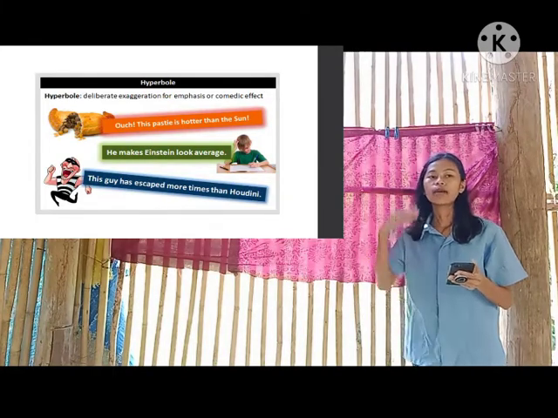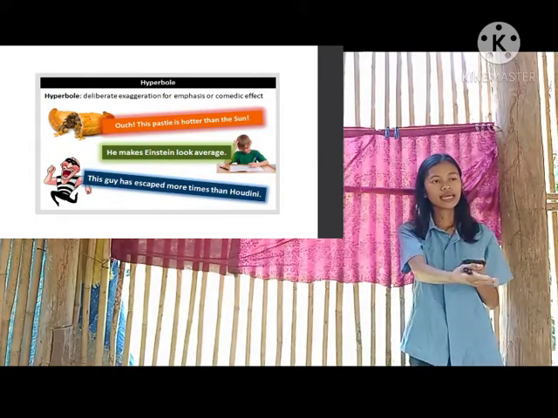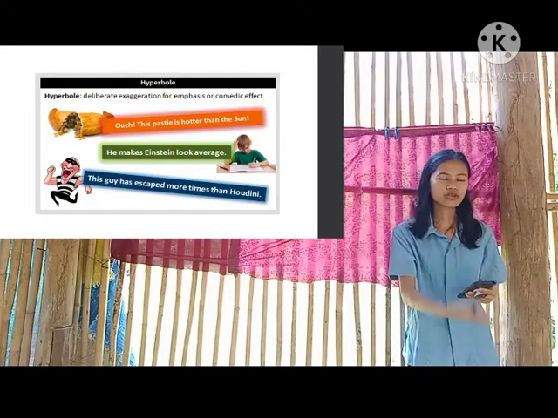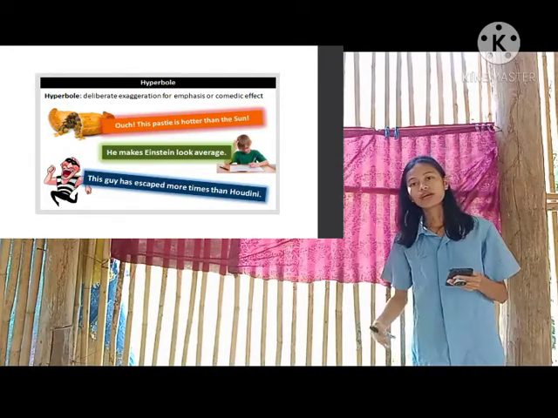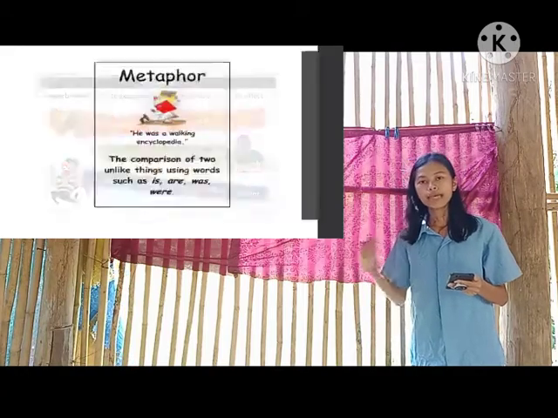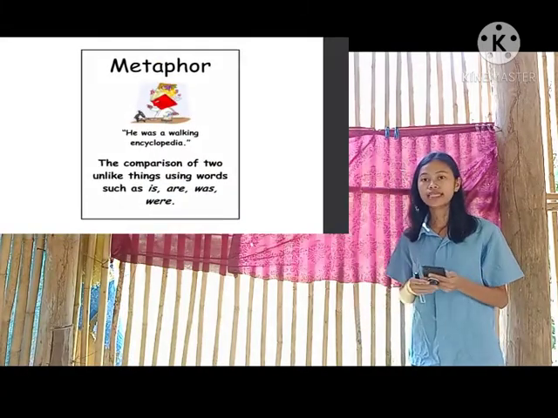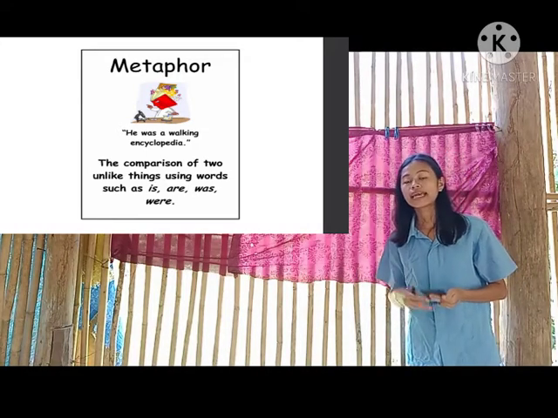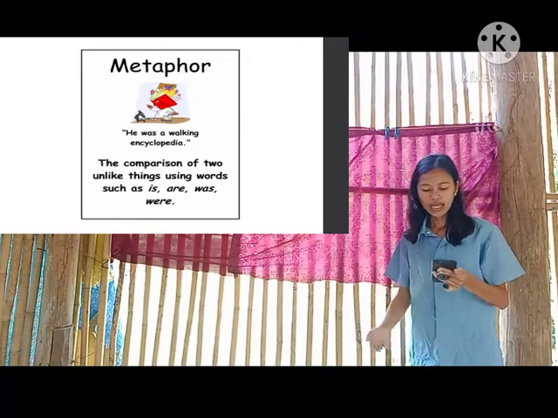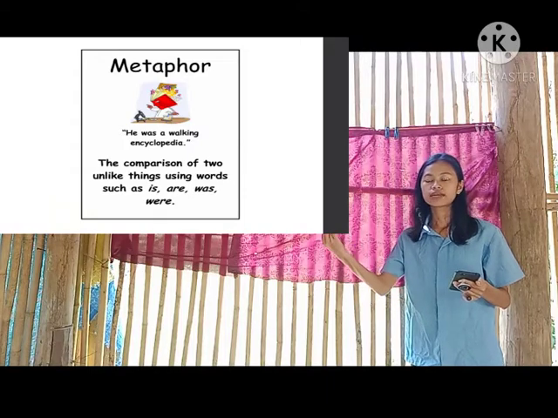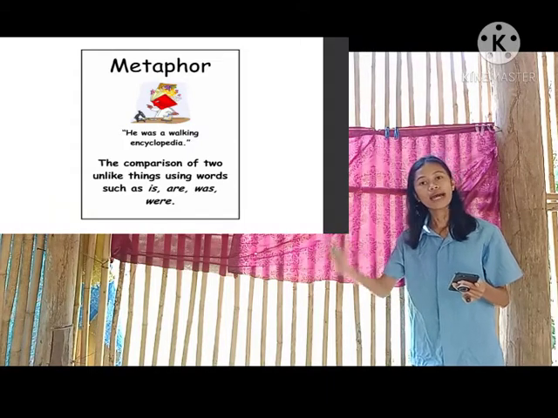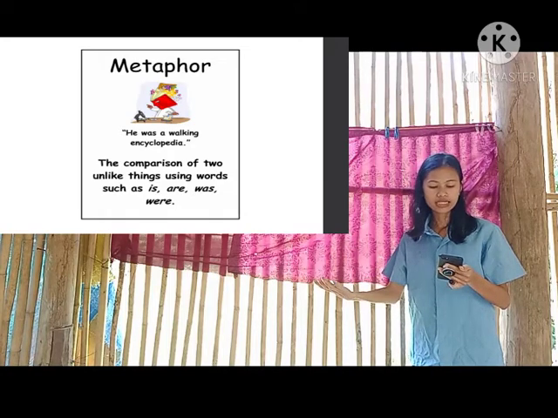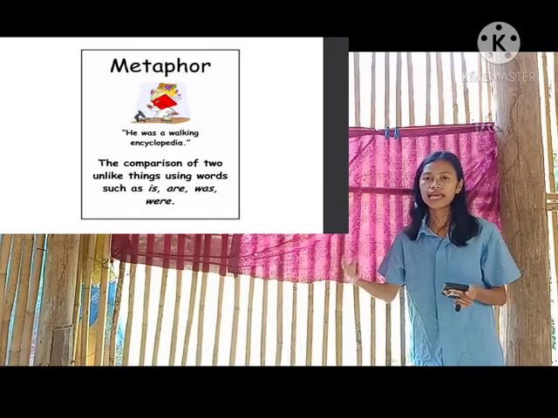Now, I want Anna to give me an example of hyperbole. Okay, that is correct, Anna. Now, let's proceed to the metaphor. So when we say metaphor, this is the comparison of two unlike things, but by using the words is, are, was, and were. Our example here is, he was a walking encyclopedia.